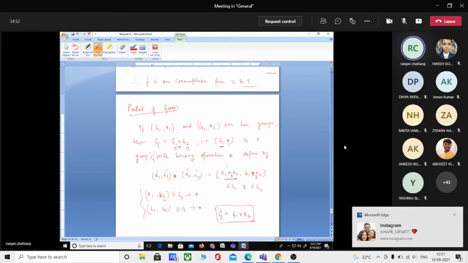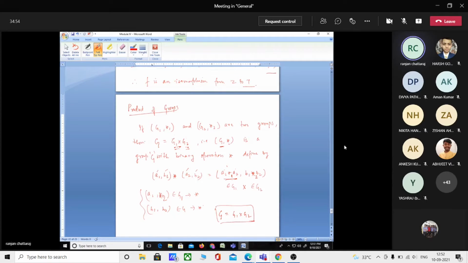When you take the Cartesian product of these two, it gives an element, and the characteristic of that element is that it is always an ordered pair like CD, where C belongs to G1 and D belongs to G2. So although the elements of G1 and G2 are single elements, the elements of G are always ordered pairs.